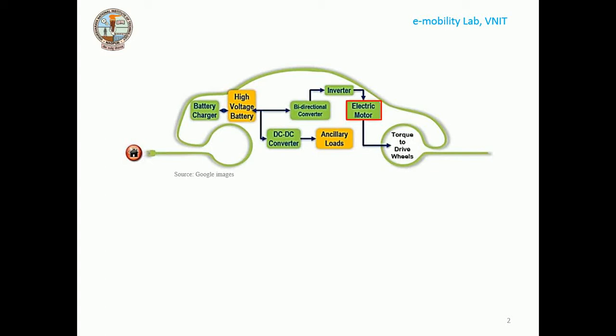These are called auxiliary loads. Most importantly, the electric motor is the heart of this vehicle, which is eventually going to drive your wheels. So today we are discussing the electric motors.